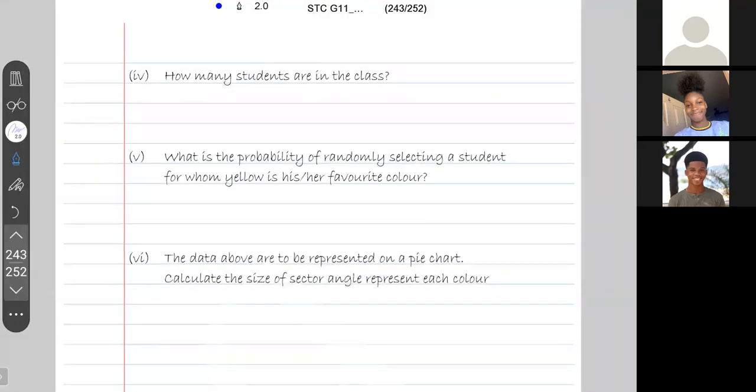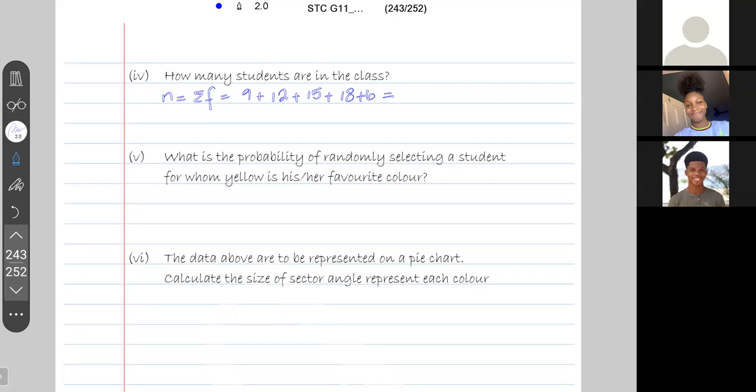So here's what we're asked. How many students are in the class? Well, that is easy. N is equal to the sum of the frequency, which is 9 plus 12 plus 15 plus 18 plus 6.